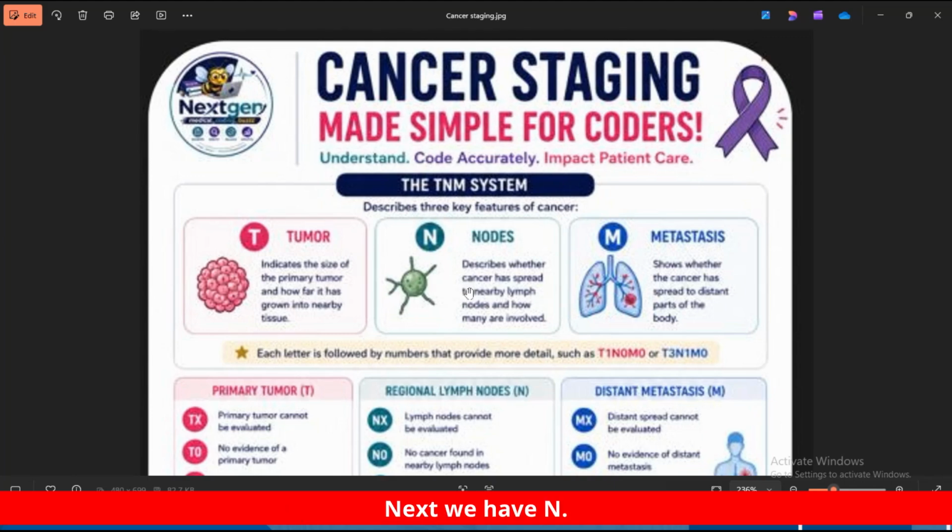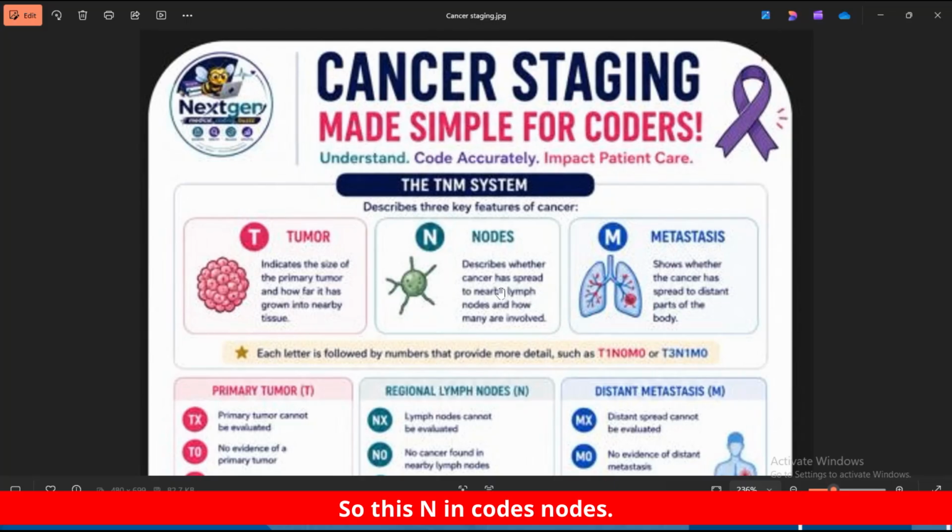Next we have N. N means nodes. It describes whether cancer has spread to nearby lymph nodes and how many are involved. Most of the time we will encounter nodes in breast coding. About 90% of the time, if the patient has breast cancer, the cancer will spread to lymph nodes too, so we will perform axillary lymphadenectomy.